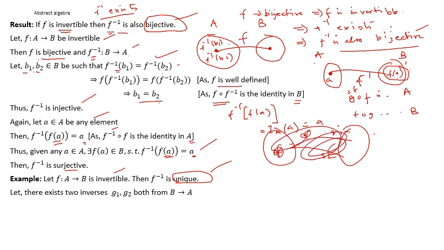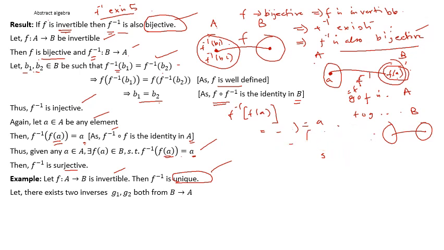F is a mapping from A to B. Now we assume g1 is also a mapping from B to A and g2 is another mapping from B to A, and both are inverses of f.